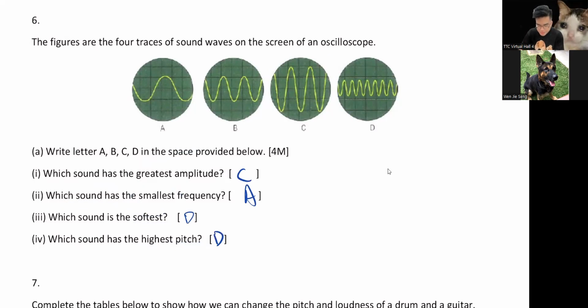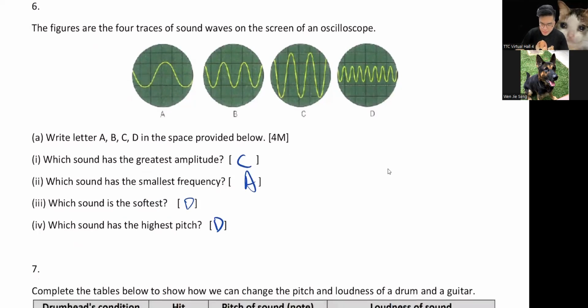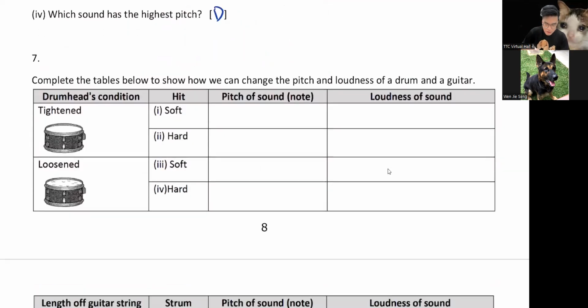Like I said, frequency will determine your pitch, and amplitude will determine your volume. That's the difference.